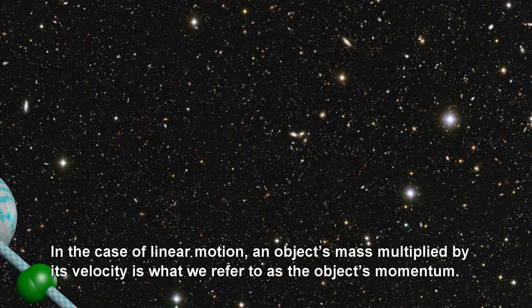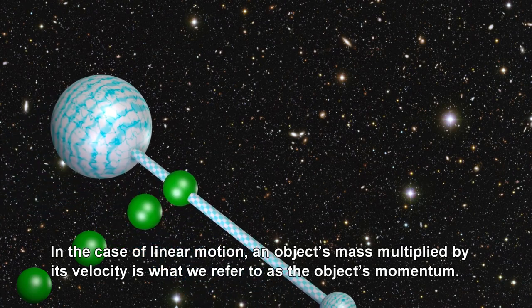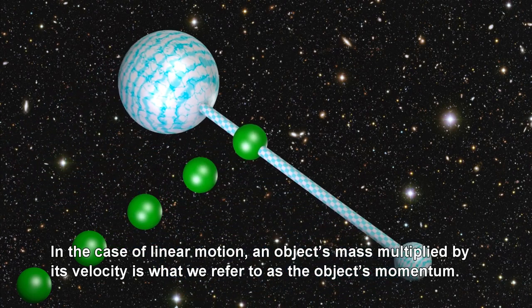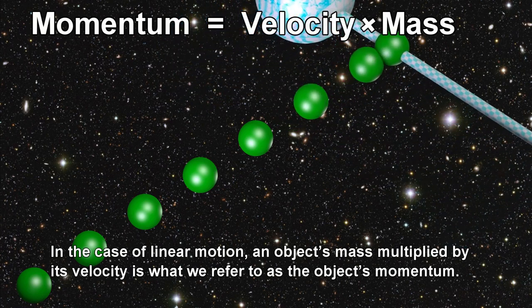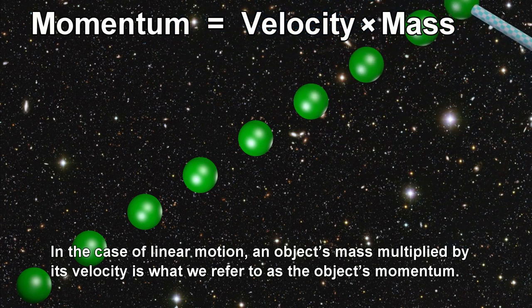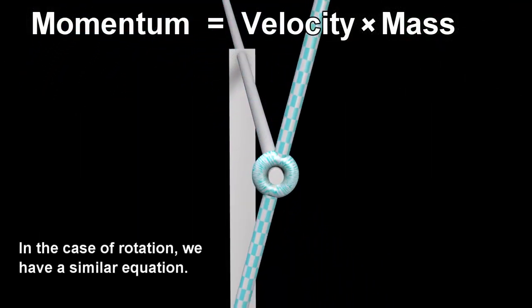In the case of linear motion, an object's mass multiplied by its velocity is what we refer to as the object's momentum. In the case of rotation, we have a similar equation.